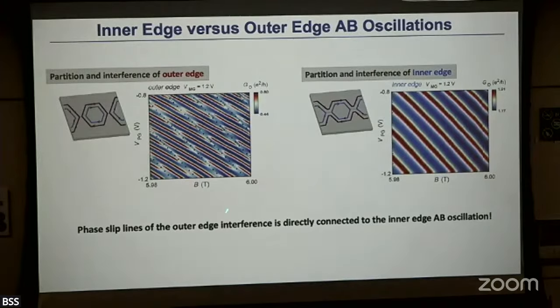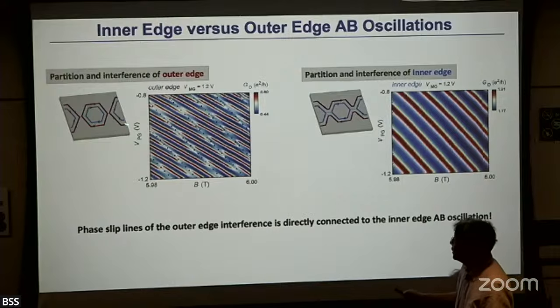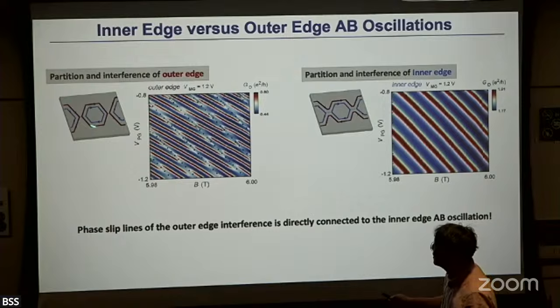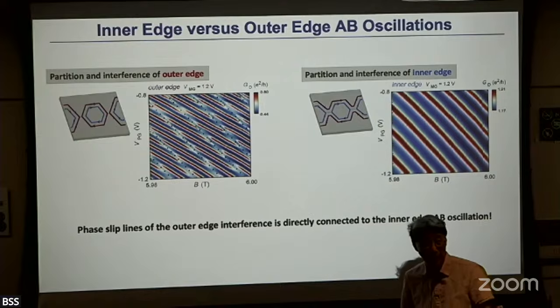The phase jump is related to this, so let me use this to explain. Here we have two quantum edge states flowing. I'm just partitioning the outer edge state, and then looking at the interference of the outer edge state. Here the inner edge state is completely separated from the outer one.